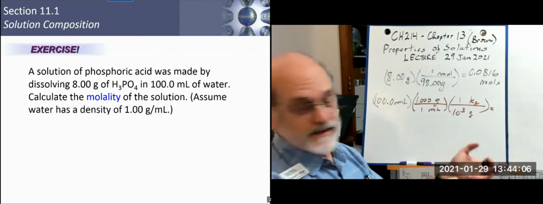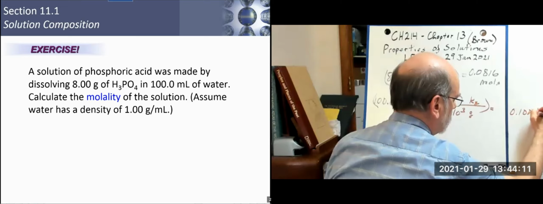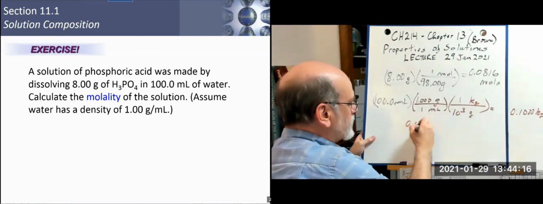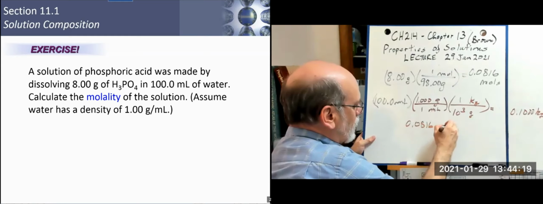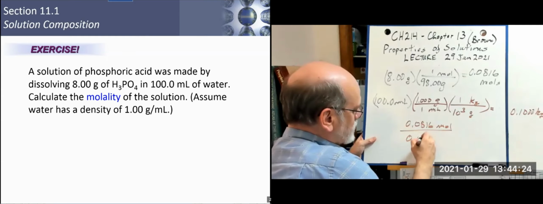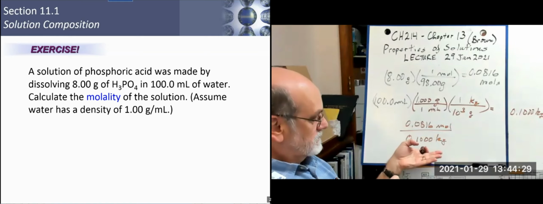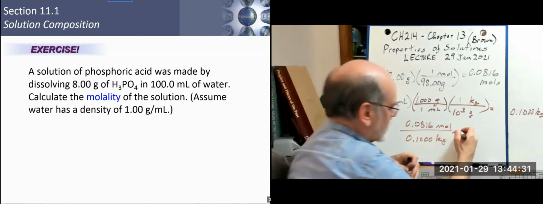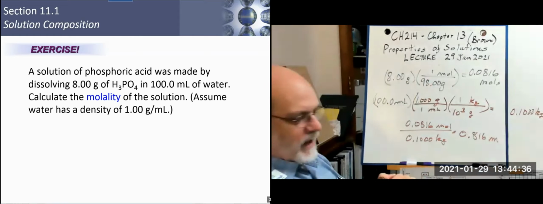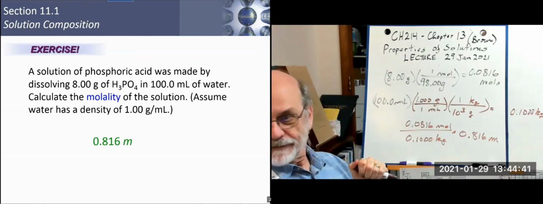Oh, it's a tenth of a kilogram. Okay, now we can do the calculation. 0.0816 moles divided by 0.1000 kilograms of the solvent. Right? So that's 0.816 molal. Okay.